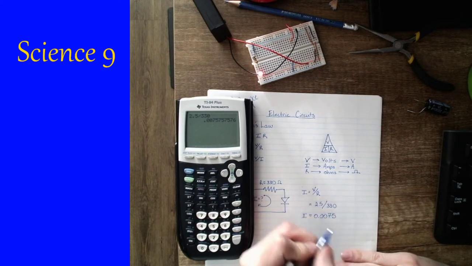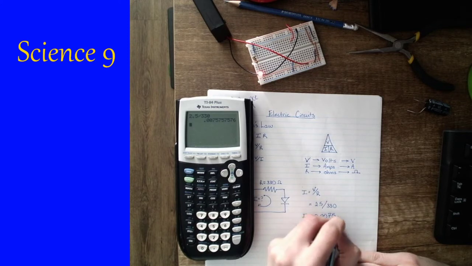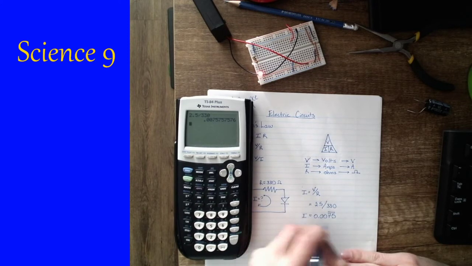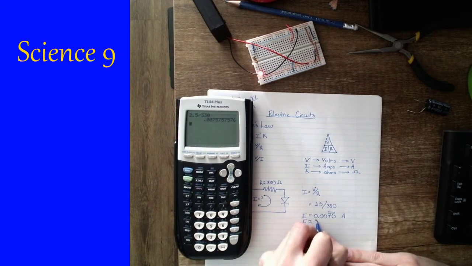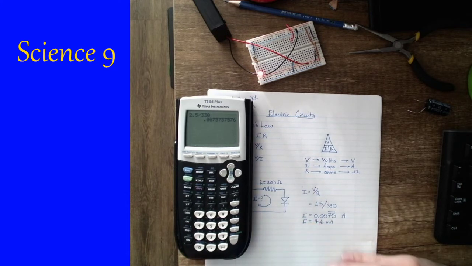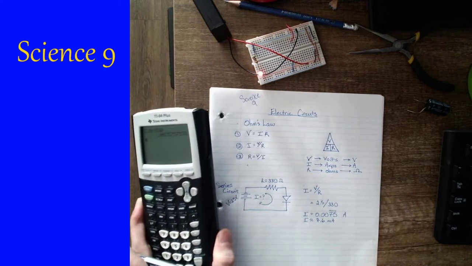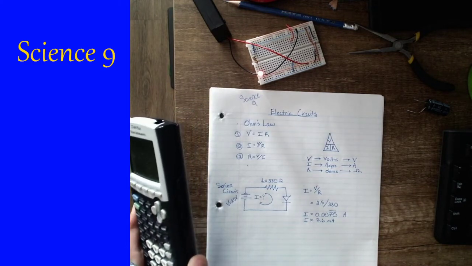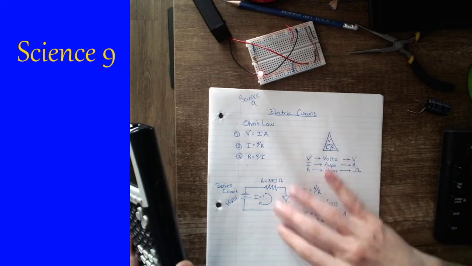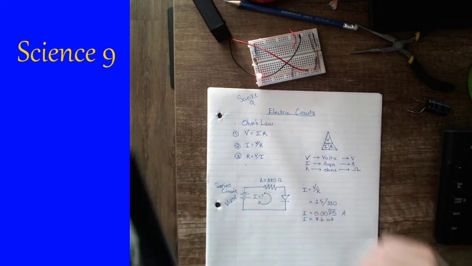That repeats, so we'll just say 0.0075 repeated amps. And so roughly this current is 7.6 milliamps. So that's the application of Ohm's law within this particular circuit.